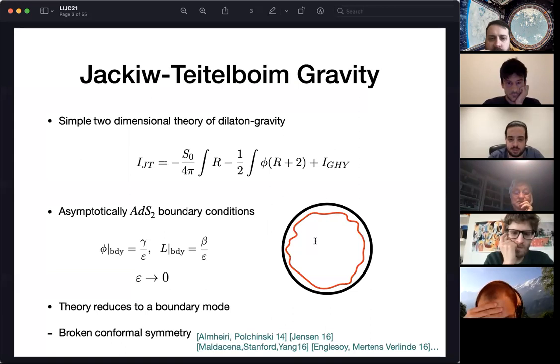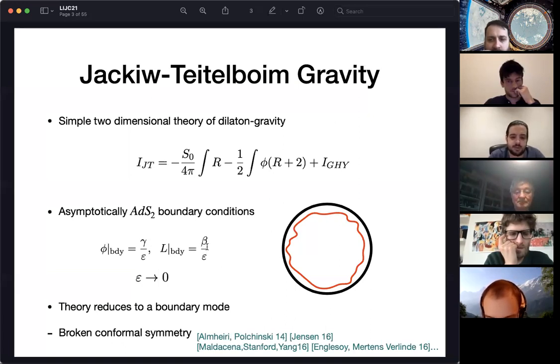This is Euclidean space. We will fix the length of the boundary to be some very large number, and we will fix the dilaton to have some very large fixed value at the boundary. The point of this parameter epsilon that we will take to 0 is that we want the ratio to be fixed. So this is just the definition of the boundary conditions. They both diverge, phi and L, but with a fixed ratio.